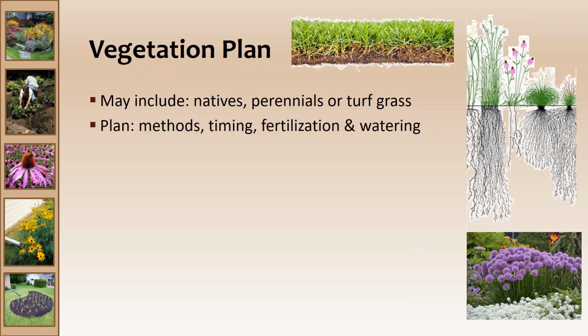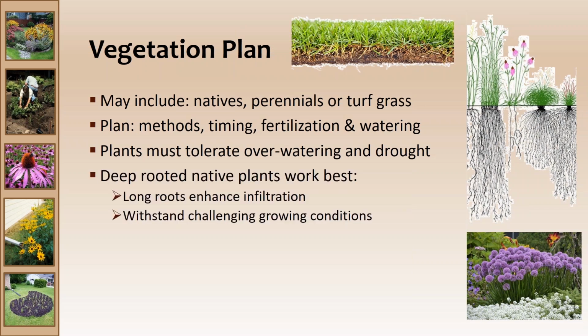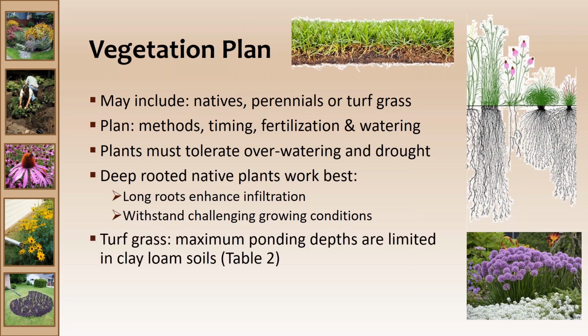You need to include your methods and timing and your fertilization and watering, all that in your vegetation plan. You want to use plants that can tolerate overwatering or drought, and that's why we think the natives work the best, because they can withstand those growing conditions, and also their long roots just help with the infiltration.